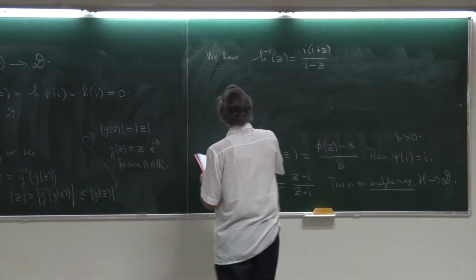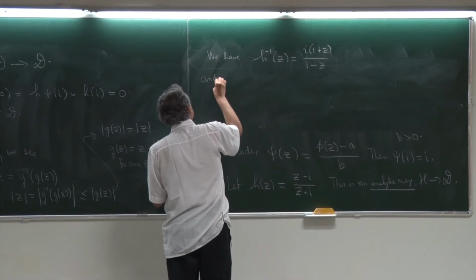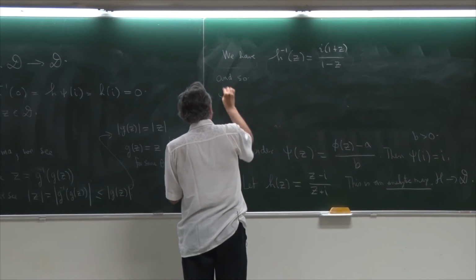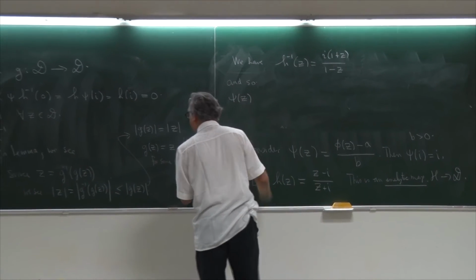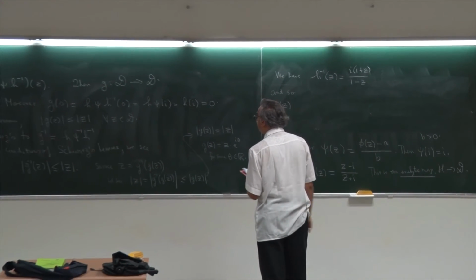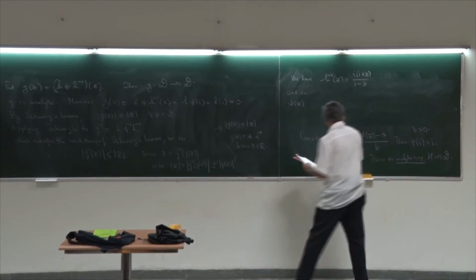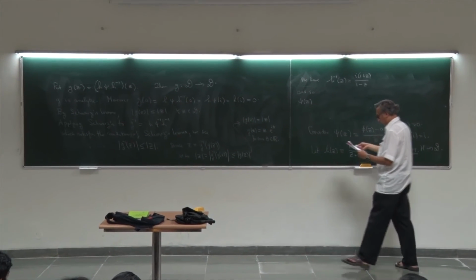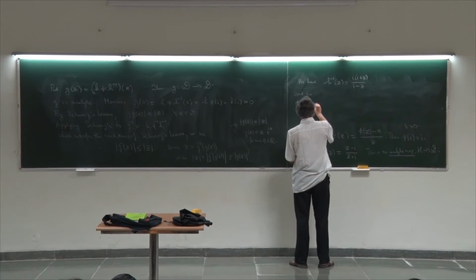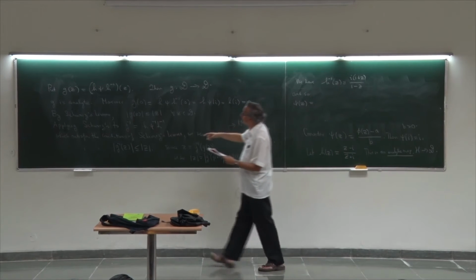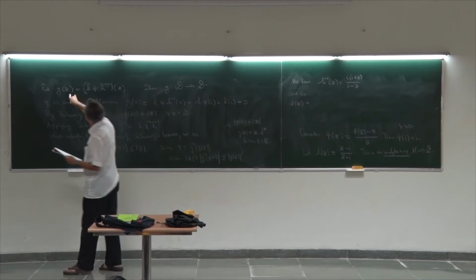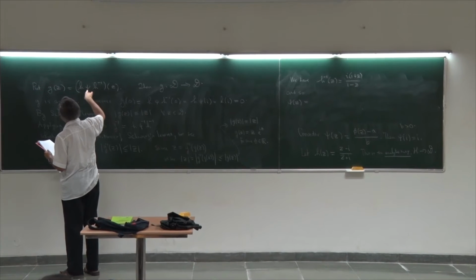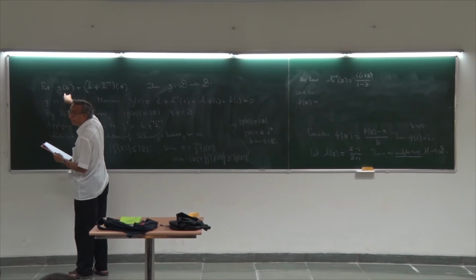And so, if I want to calculate psi of z, so psi is given here. From the fact that G is equal to H psi H inverse, I can calculate psi in terms of these.